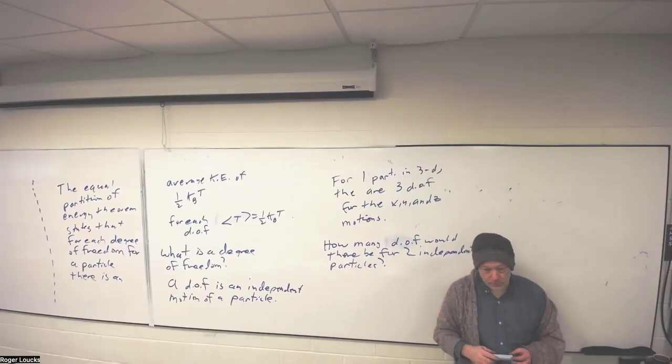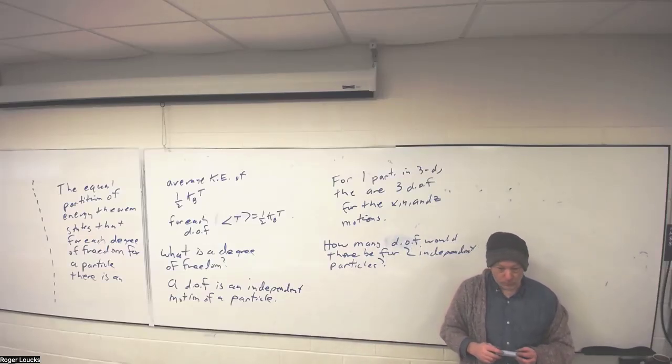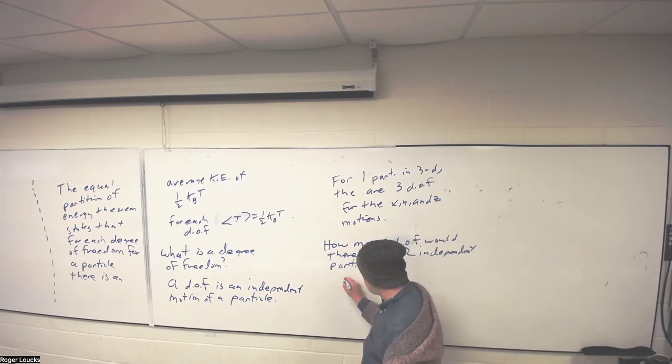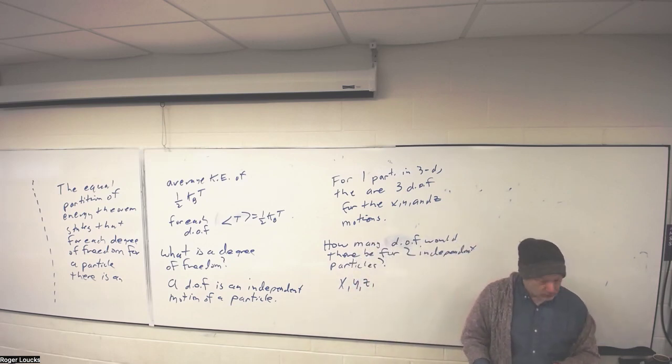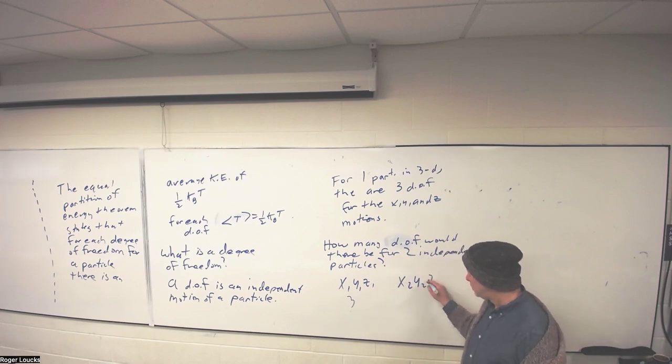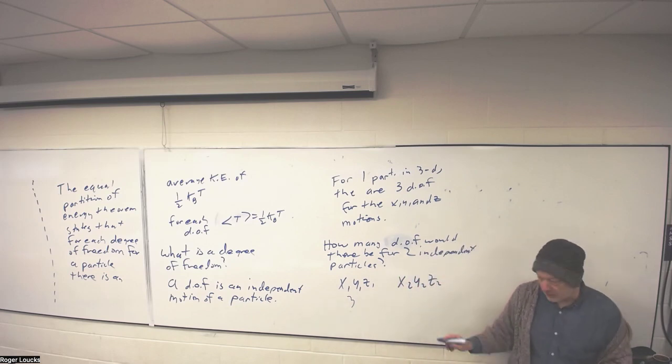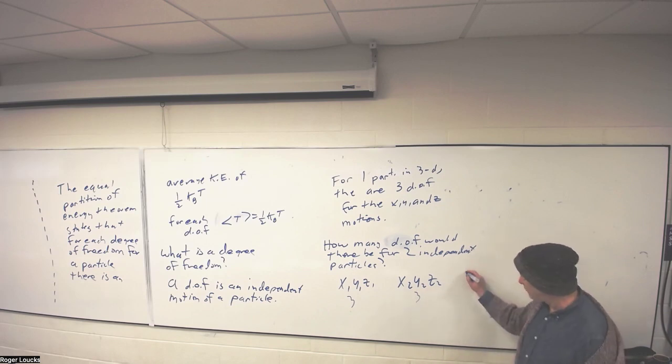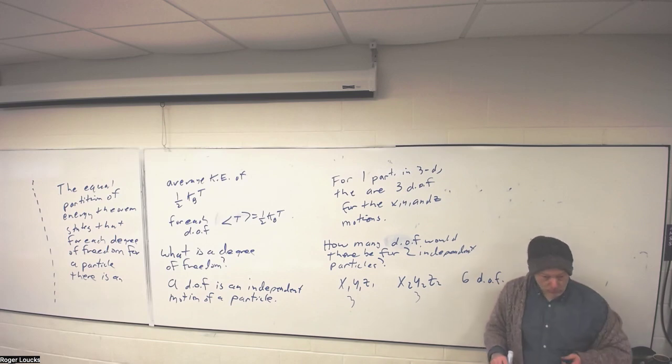Yeah, what would they be? Particle 1 movement along X, particle 2 movement along X, and for all those. Yep. So I'd have an X1, Y1, Z1 for the first particle, so I'd have 3 here. And then I'd have an X2, Y2, Z2 for the other one. So this would actually have 6 degrees of freedom. A system of 2 particles would have 6 degrees.